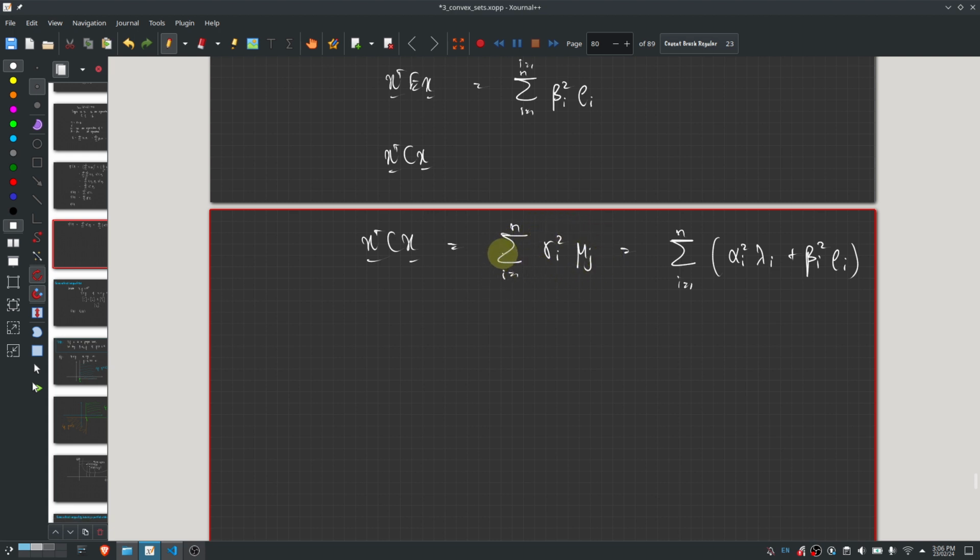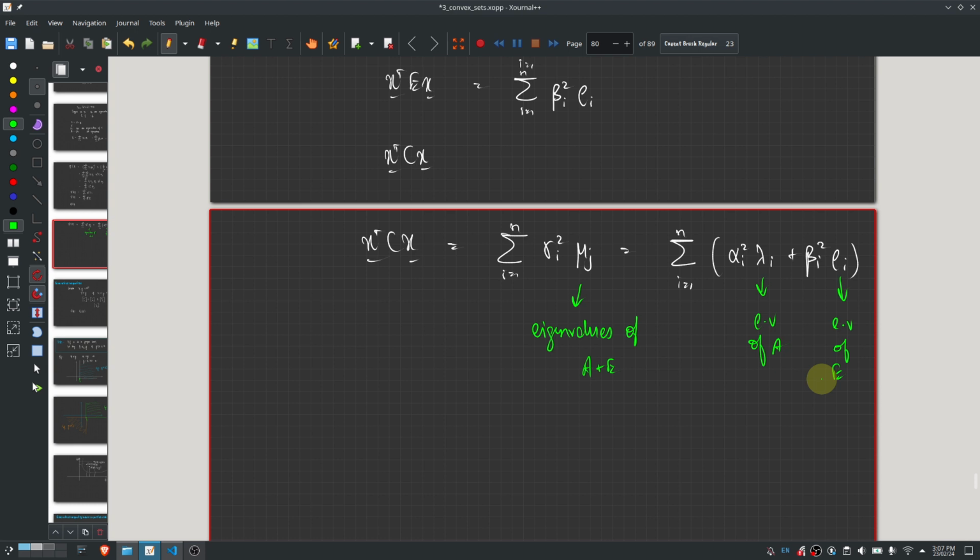What I want to understand is, okay, so now if I had to get the smallest eigenvalue of A plus E, so mu 1 through mu n are the eigenvalues of A plus E, these are the eigenvalues of A, and these are the eigenvalues of E, right?